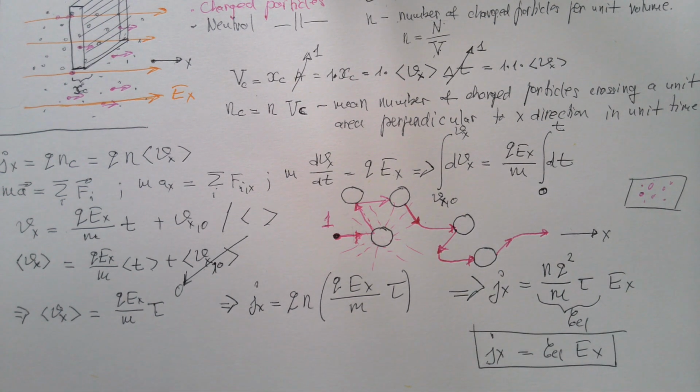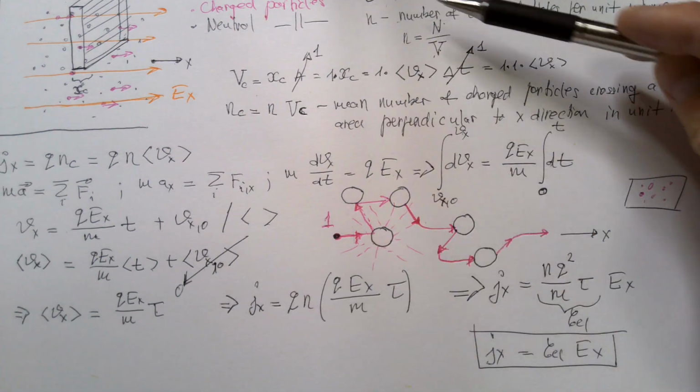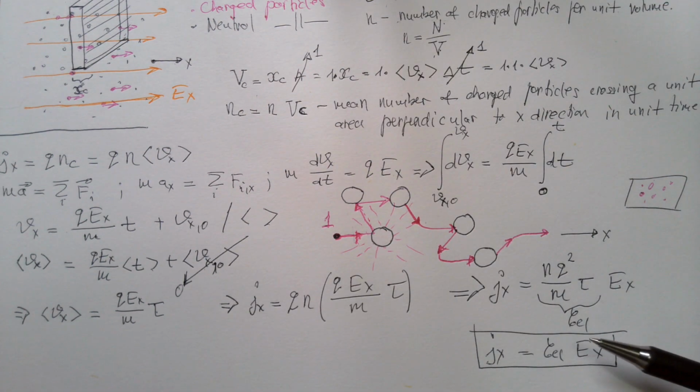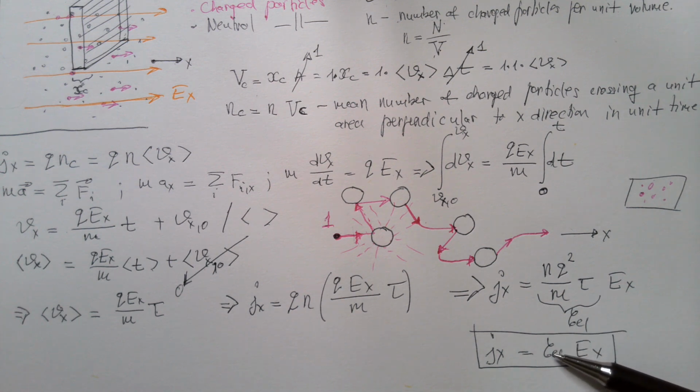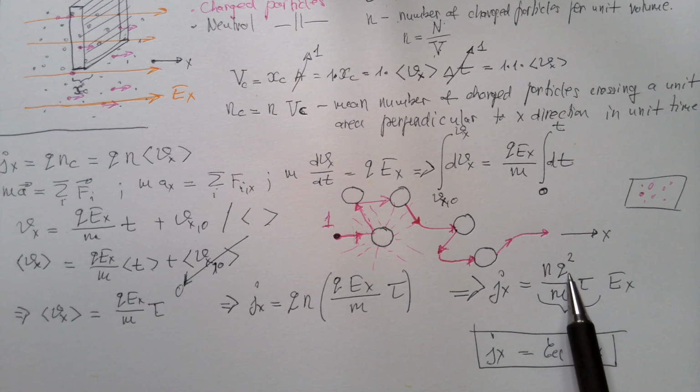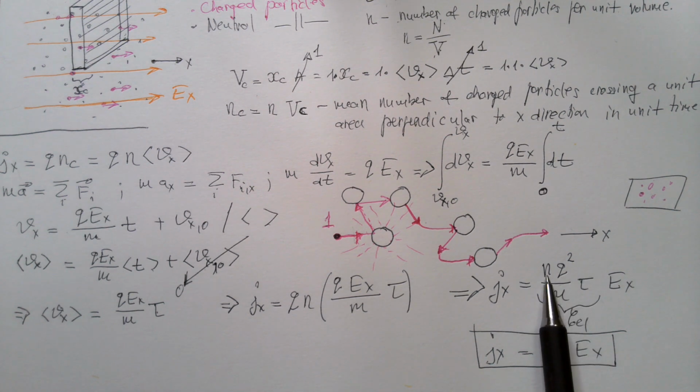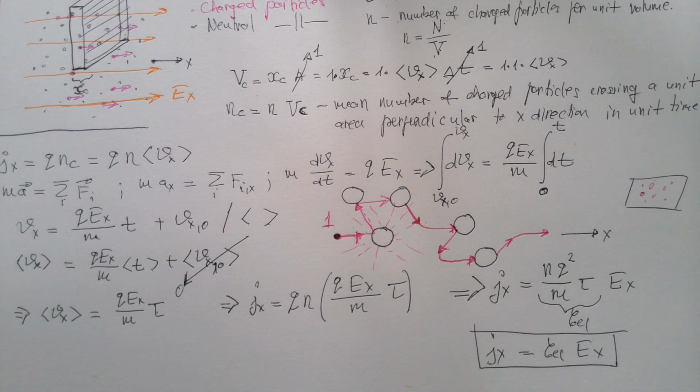Therefore, you can conclude that the beautiful kinetic theory of gases gives us the expression for electrical conductivity in terms of microscopic properties of an ideal gas, namely charge of particles, mass of these particles, mean time between two collisions, as well as concentration of these particles, of course, per unit volume.